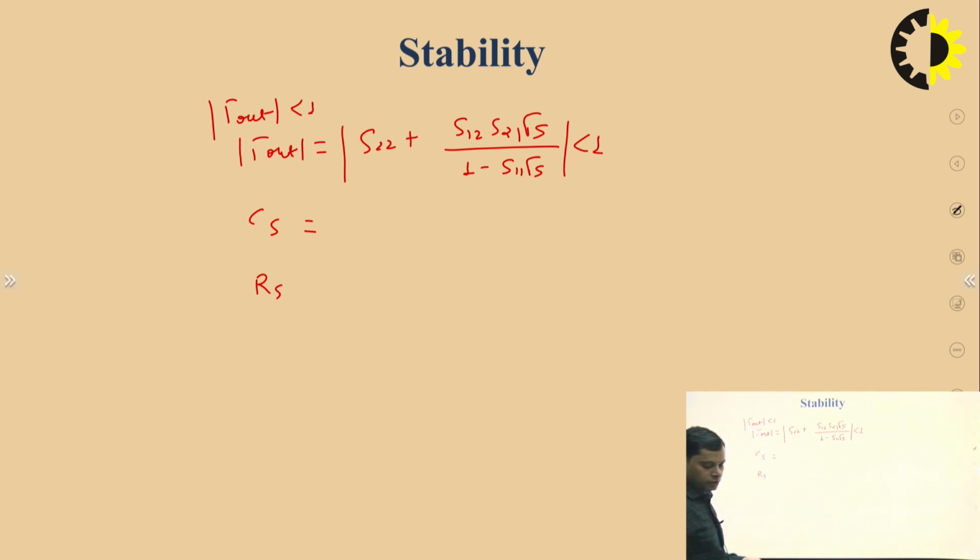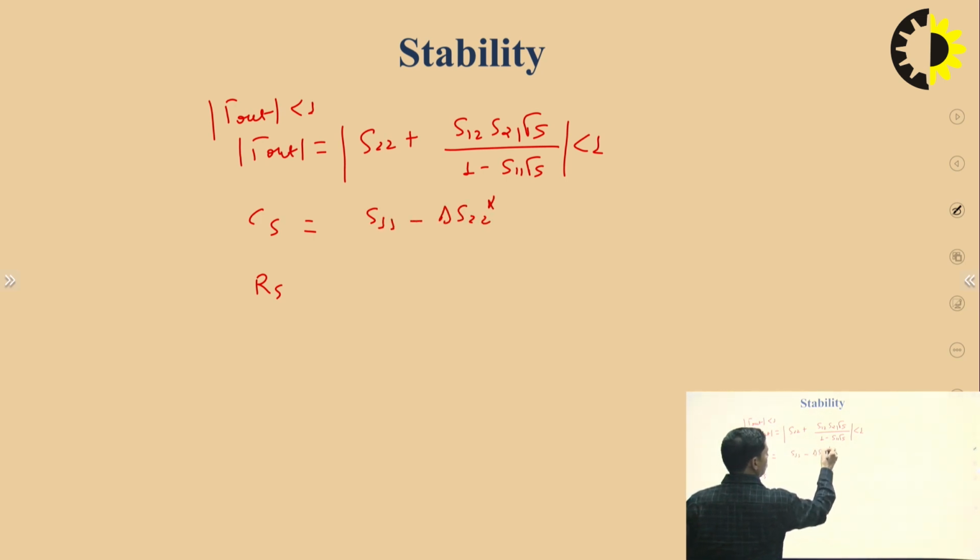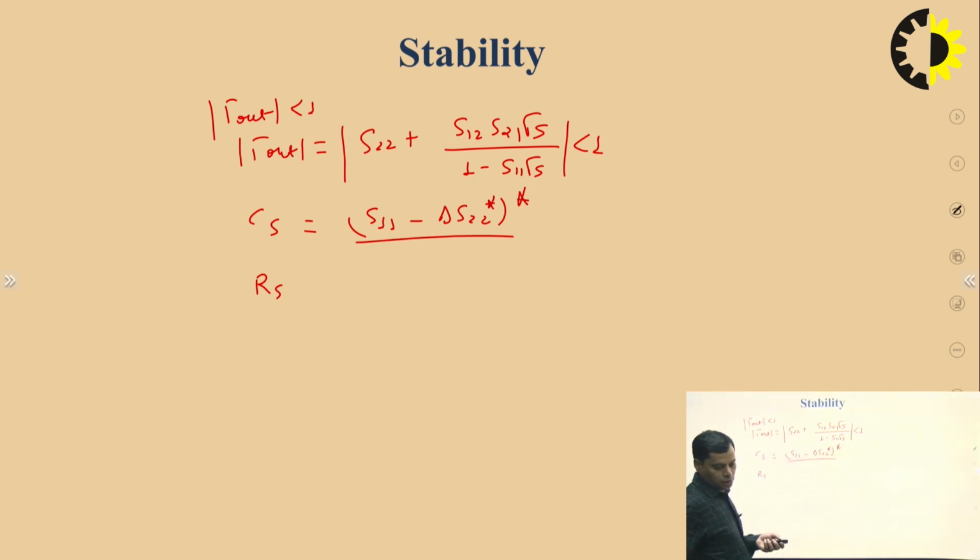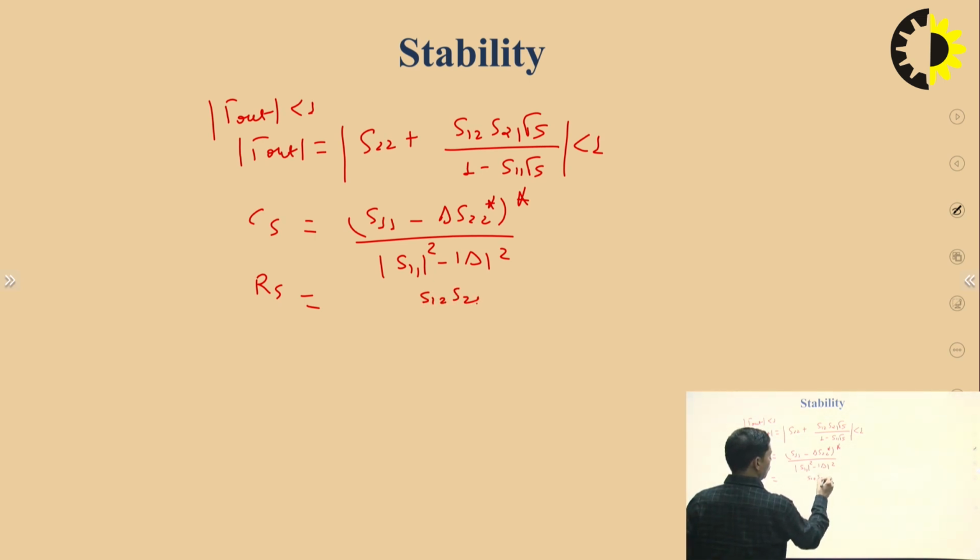The value of this center CS is given by S11 minus del S22 conjugate, whole conjugate, divided by mod of S11 square minus mod del square, and RS is equal to S12 S21 divided by mod of S11 square minus mod del square, whole mod.